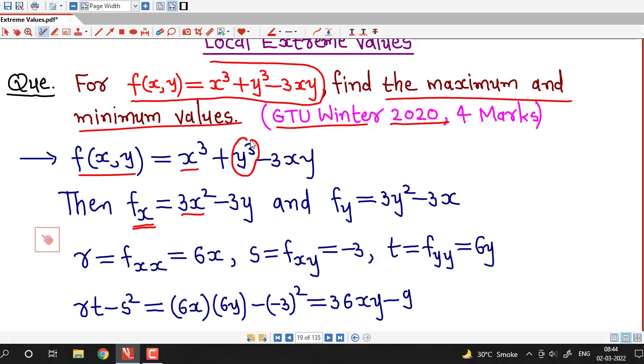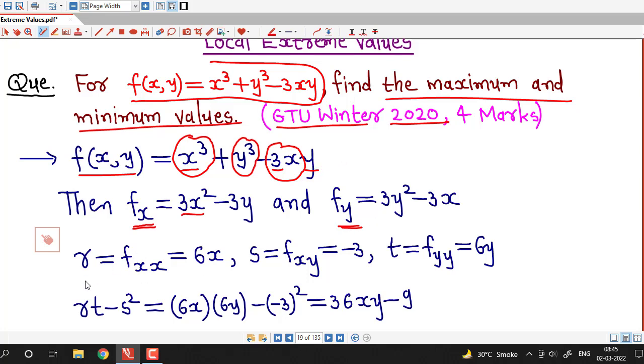This is independent of x, so its derivative with respect to x is 0. Here we consider minus 3y as constant, and the derivative of x is 1. Del f by del y: x cube is considered as constant, so its derivative is 0. The derivative of y cube is 3y square, and minus 3x is considered as constant, and the derivative of y is 1.